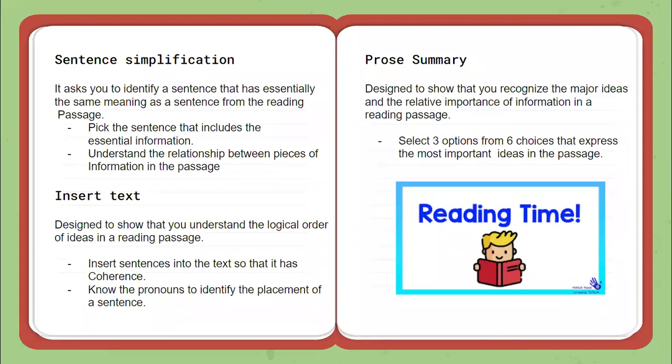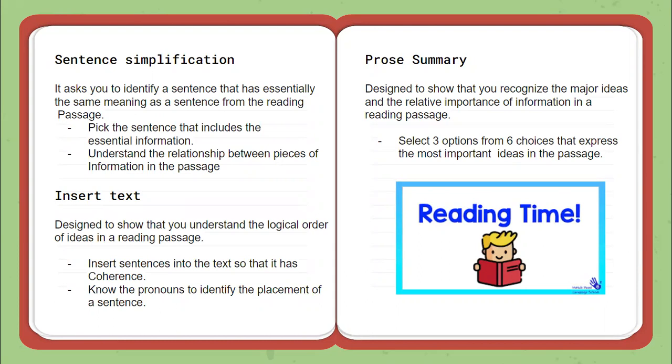Finally, the prose summary question. Well, it is designed to show that you recognize the major ideas and the relative importance of information in the reading passage. You will have 6 choices in this kind of question, from which you will have to choose 3 of them. Those 3 options will express the most important ideas in the passage.